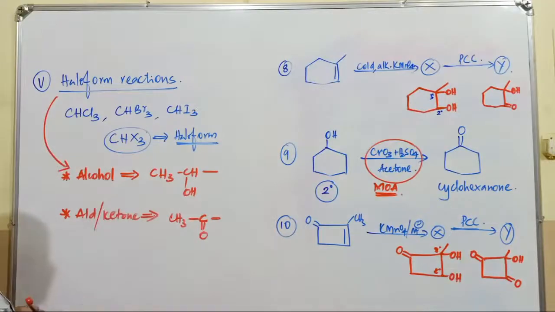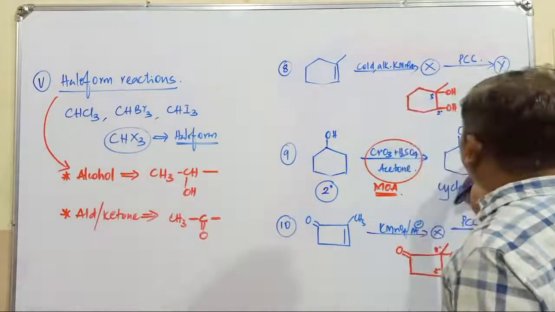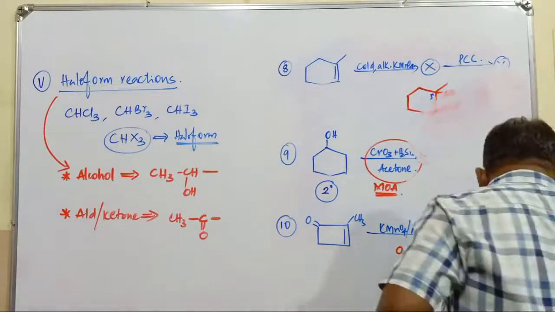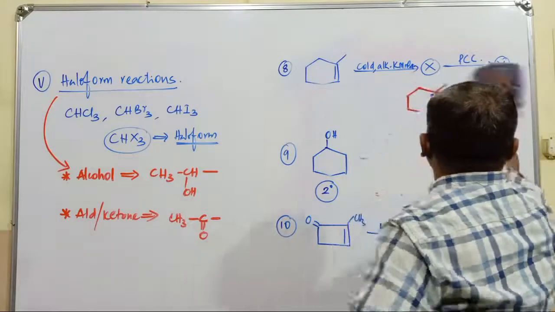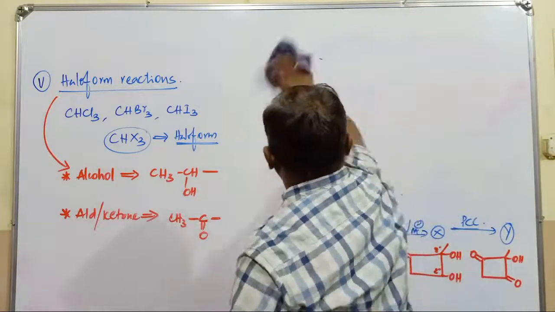If it is an alcohol, the previous group is necessary. Remember, this is used in the distinction between primary, secondary and tertiary alcohols. For distinction of primary, secondary and tertiary alcohols, we use the haloform reaction itself.